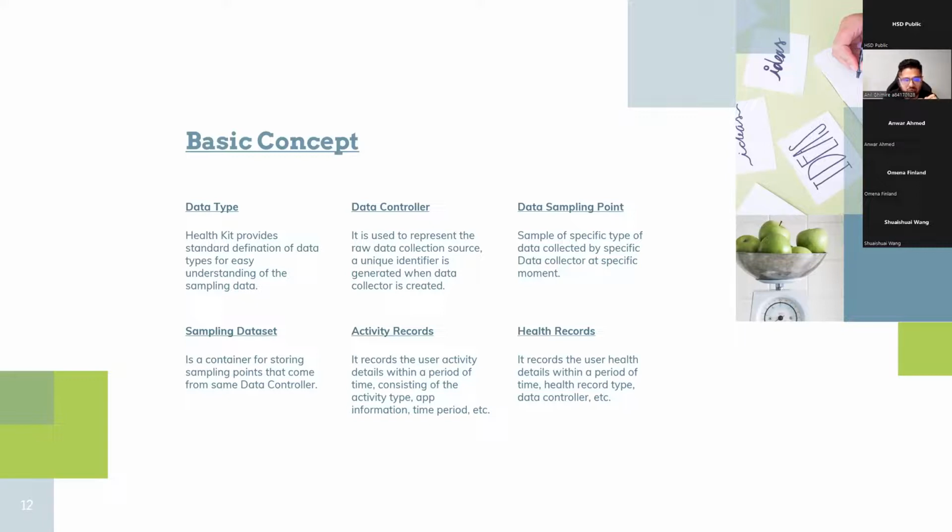And the sampling data set is a container for those data sampling points. Any data controller collecting data at certain specific moments, the sampling data set keeps control of those different data. And activity records is also a class, or we can say a container data type, which keeps track of the user activity, such as running, walking, and different other data associated with it, like the time period, when the user started to run, when the run ended, and the different activities in between.